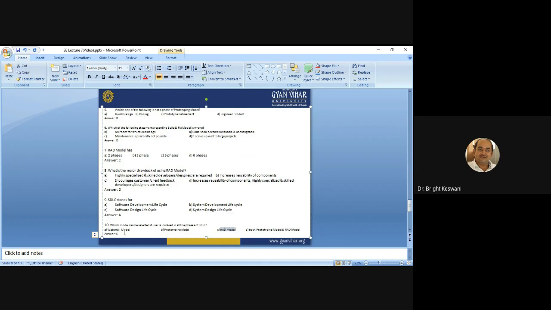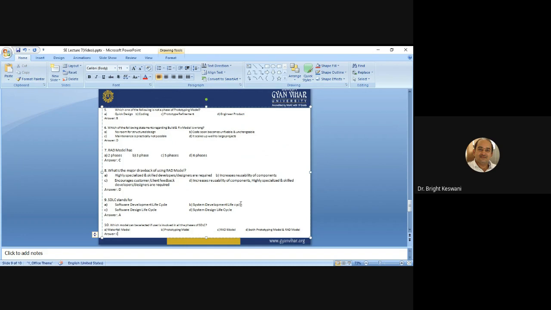In the RAD model, the user is involved in all phases. Apart from this model, there is no other model where there is active involvement of a user in all phases.